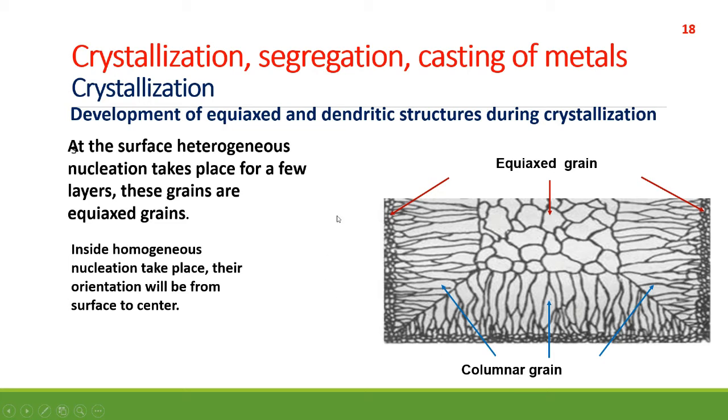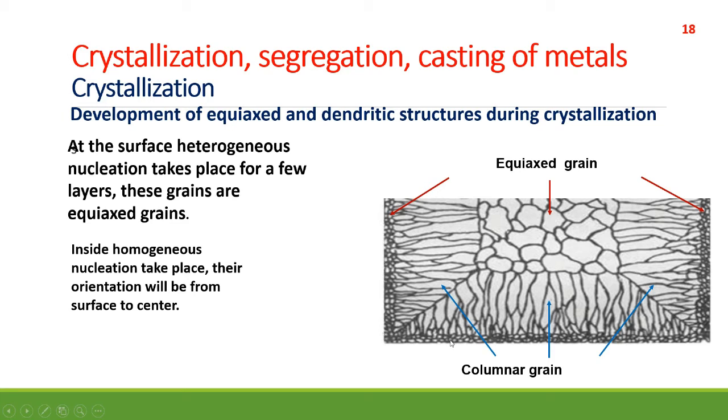So this whole thing is considered to be a vessel or a mold. Suppose it's a mold where you pour the liquid metal. When you pour the liquid metal into a mold, this is considered the boundary or the wall of the mold.